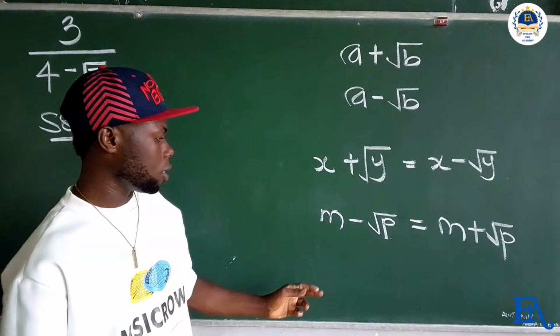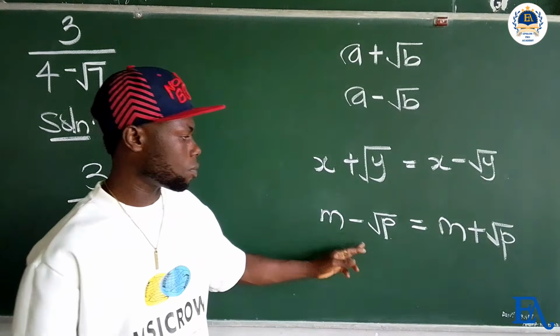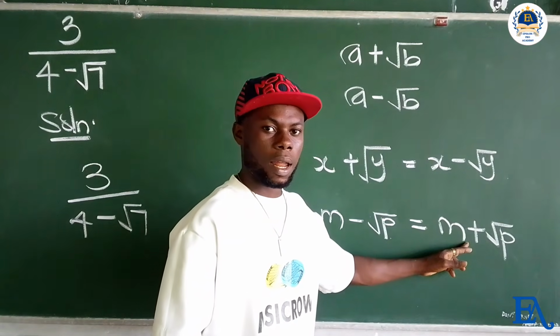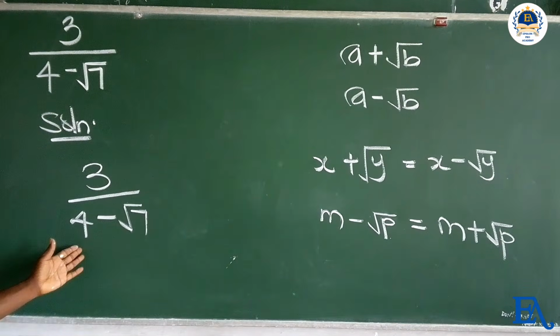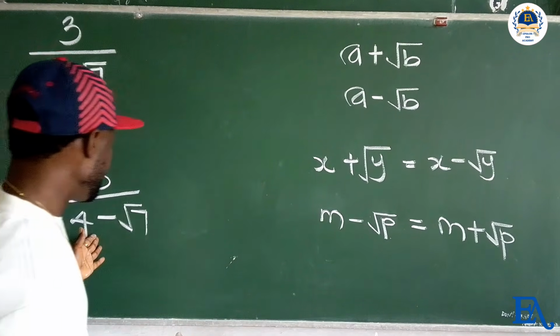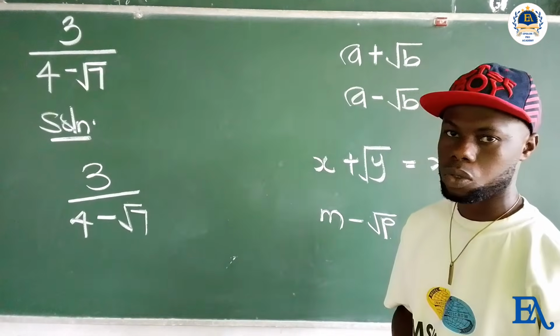When the denominator is given as minus, its conjugate becomes plus. Let's apply this knowledge to what we have here. So the conjugate of this denominator would give 4 plus root 7.